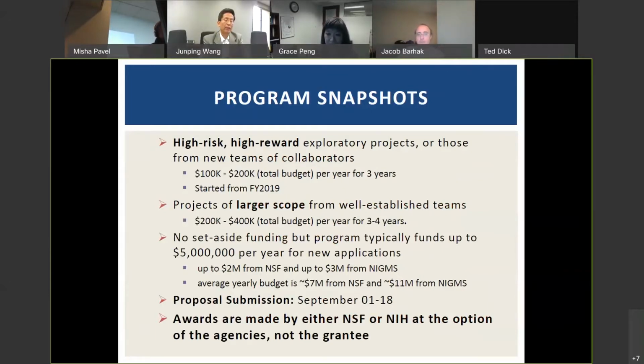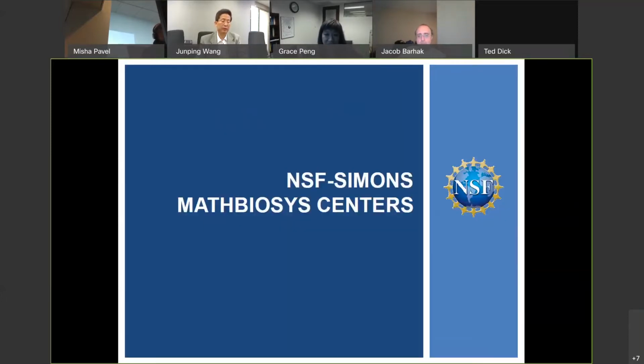The budget for this program is about $2 million from NSF and $5 million from NIGMS each year. The proposal submissions are from September 1 to 18 each year. Note that the awards are made by either NSF or NIH, at the option of the agencies, but not as a joint grant. We welcome you to consider this program.